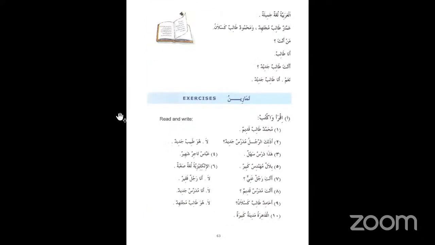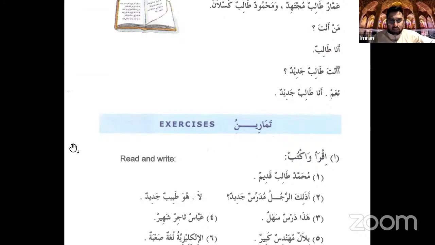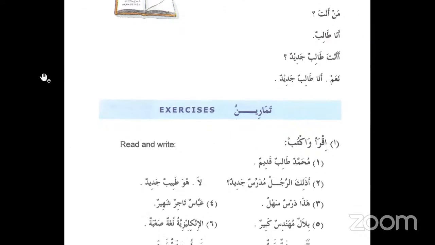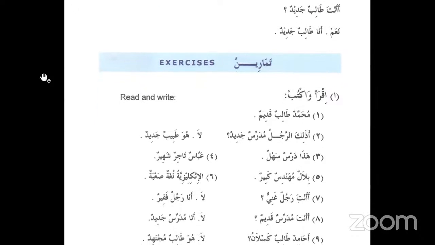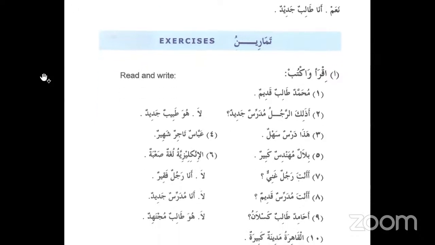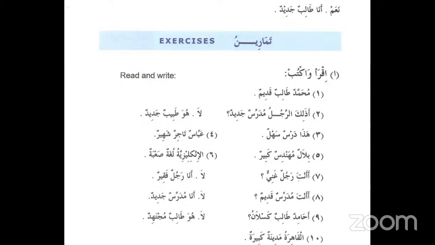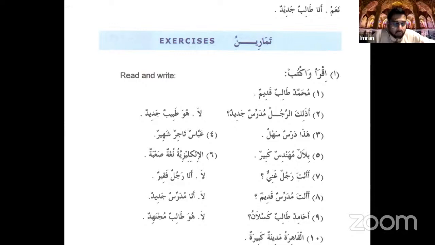Muhammad is an old student. Excellent. Hadha rajulu madrasun jadidun. Is that man a new teacher? Correct. La, huwa tabibun jadidun. No, he is a new doctor. Excellent. Can you choose the next student to come on the mic?